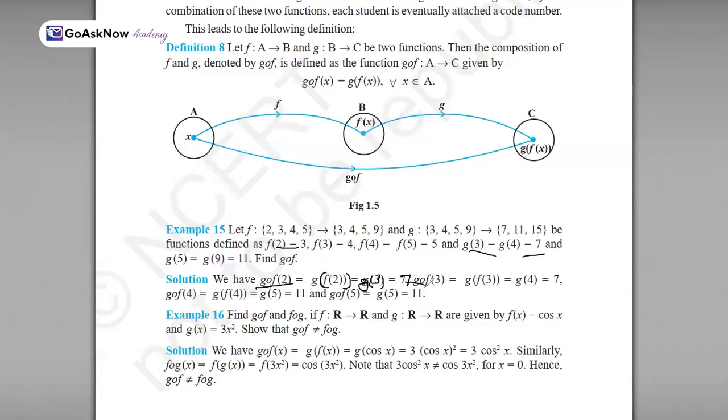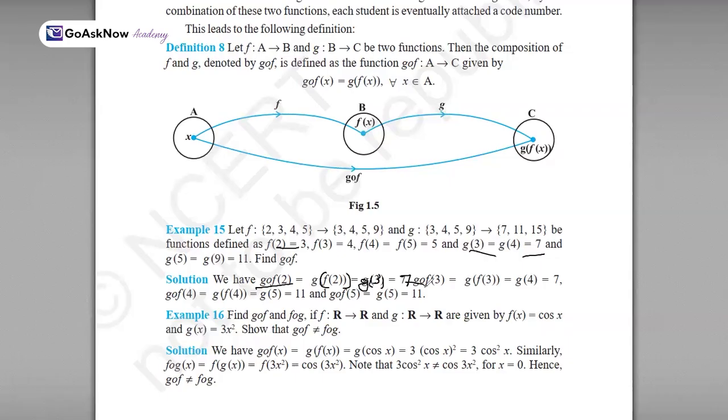Similarly, gof(3) is g of f(3), and it is equal to g(4), because f(3) is equal to 4. So gof(3) is equal to g(4), and that comes out to be 7.